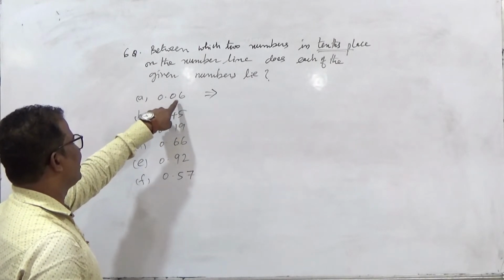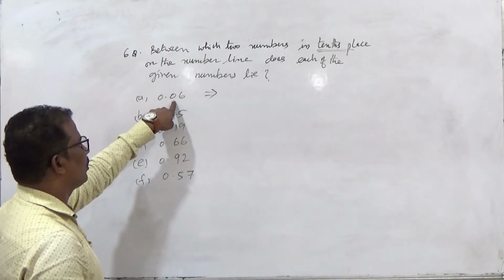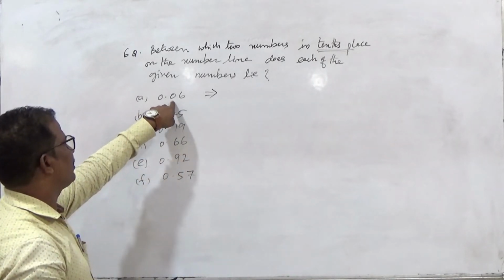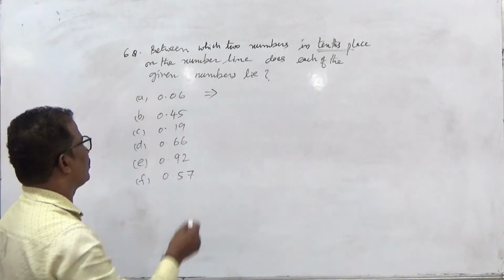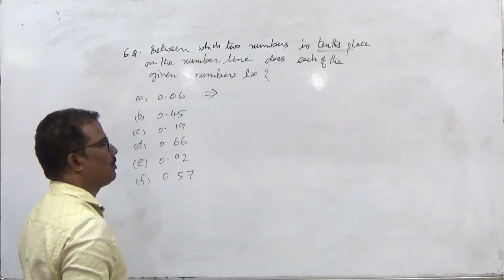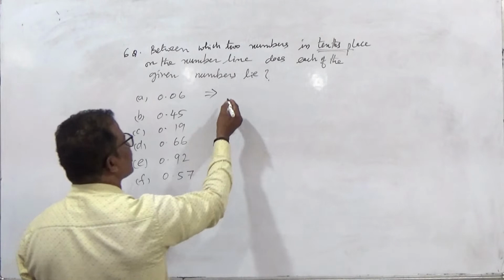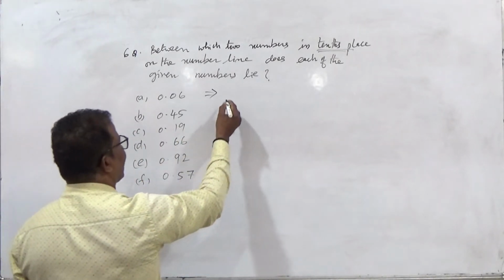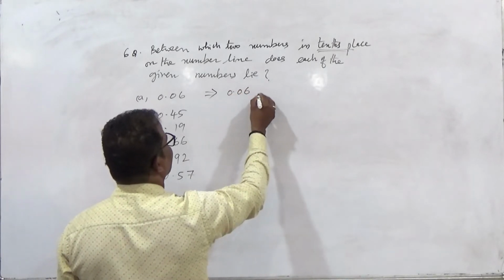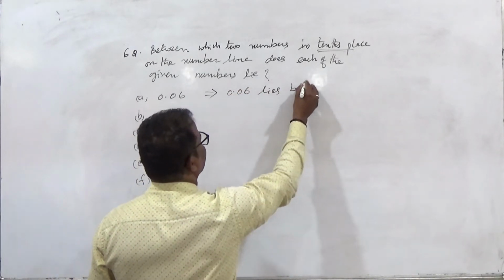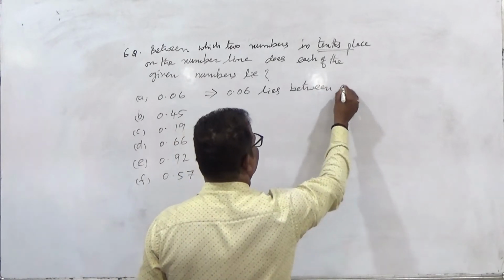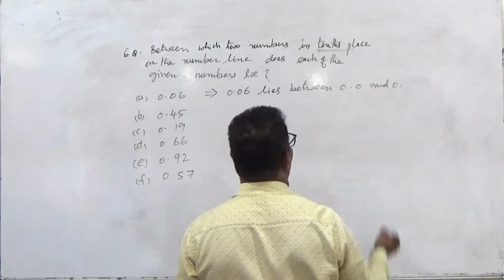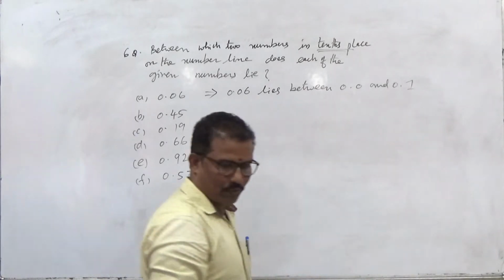Understand? This number is greater than 0.0 because we only see the tenths place, and it is less than 0.1. So this number lies between 0.0 and 0.1. Understand all of you?